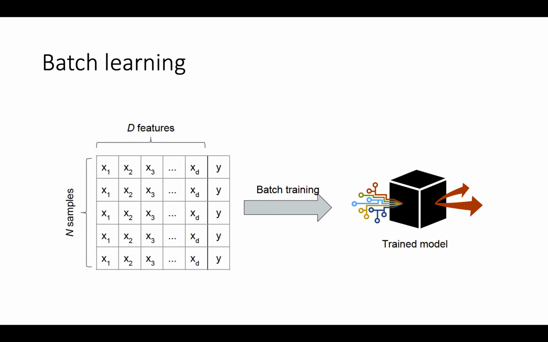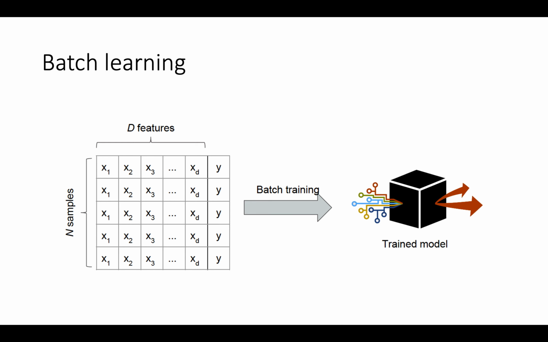So let's start with batch learning. In batch learning, the system is incapable of learning incrementally. It must be trained using all the available data. So you cannot come in and say, okay, I give you this portion of the data and wait to see how you perform, you mean the machine, and then I give you more data. So everything comes as a big batch at the beginning.